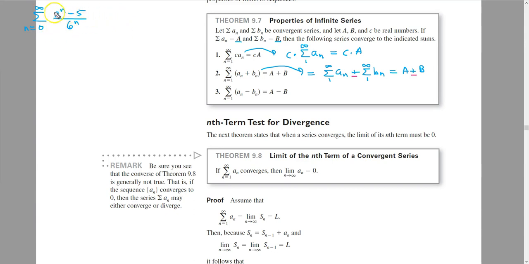Now what we're going to do is take this and algebraically manipulate it and use Theorem 9.7 along with the geometric series results that we had previously. So let's write this as follows.